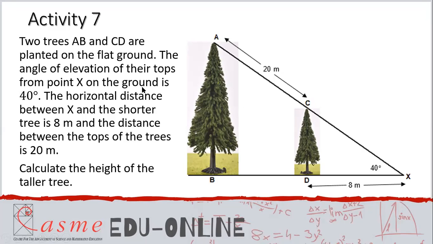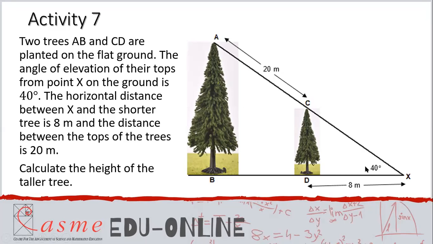The angle of elevation of their tops from a point X on the ground is 40 degrees. To elevate means to lift, which means if you're up there and you look up, you elevate your eyes. The angle with which you elevate from the point X is 40 degrees, as we've got the angle there.